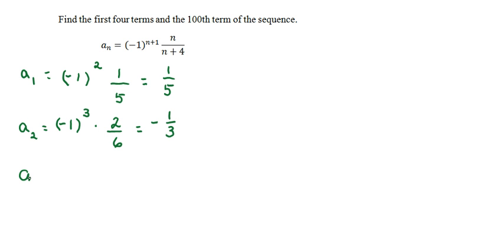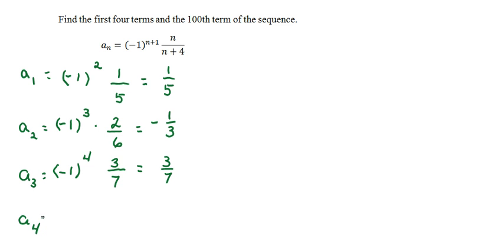For a sub 3, we'll have negative 1 to the even power 4. And we'll have 3 over 3 plus 4, which is 7. So negative 1 to the 4th is positive 1. Positive 1 times 3/7 is 3/7.